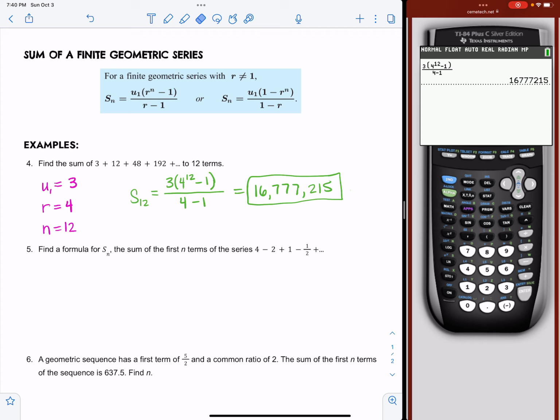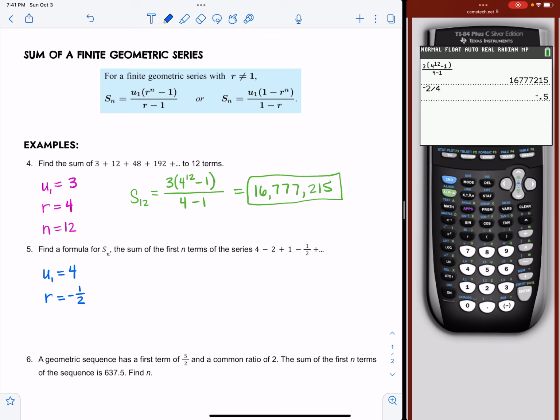We already know that our u1, or our first term, is equal to 4. Our common ratio is our next, so negative 2, divided by our previous of 4, which is negative 1/2. So that is our r.